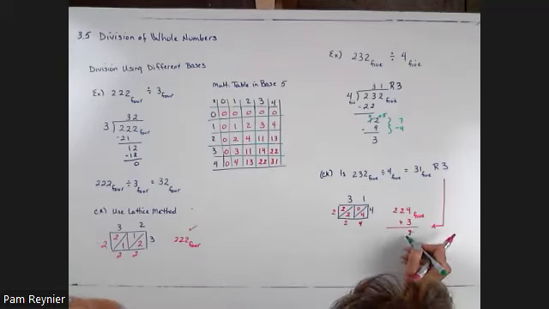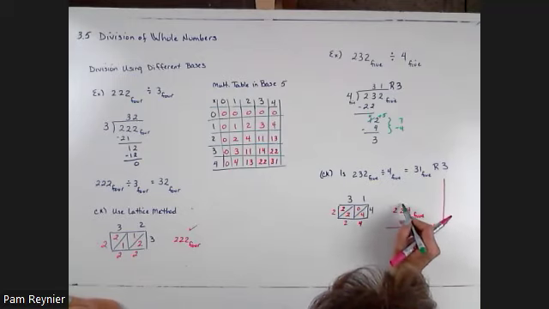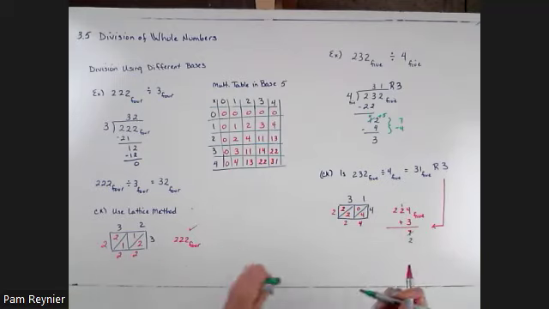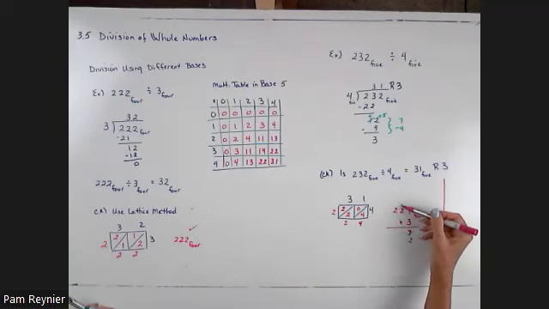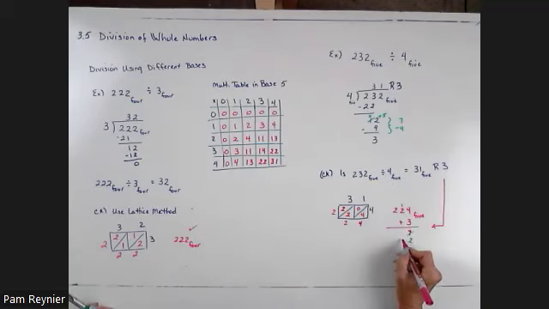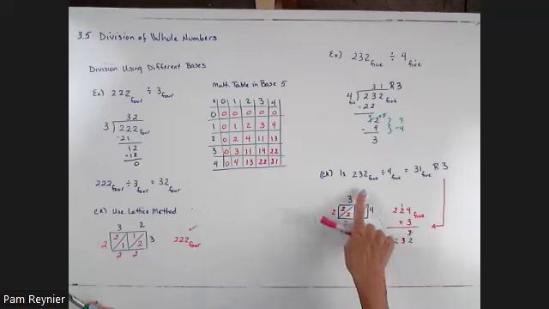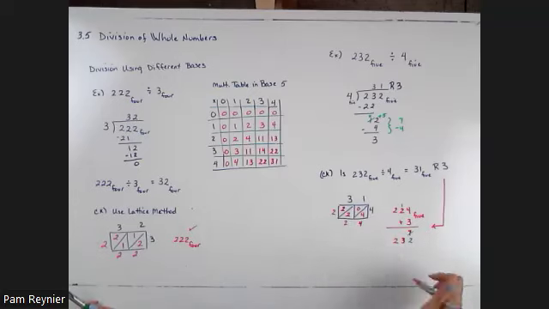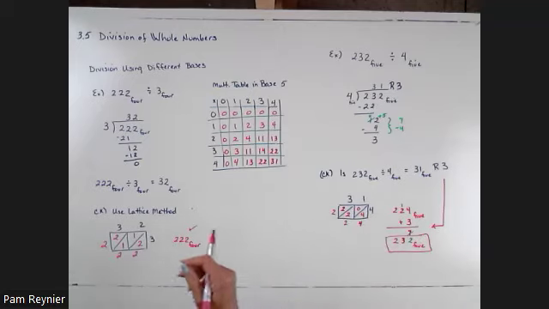We're going to end up with 2 units left, and we're going to bring one group of 5 to the next column. And now we can add 1 and 2 and get 3. Bring down the 2. And so sure enough, we end up with 2, 3, 2, base 5. So we add back in the remainder, and we have to make sure that we keep it in base 5.